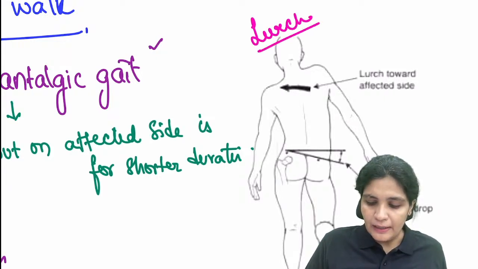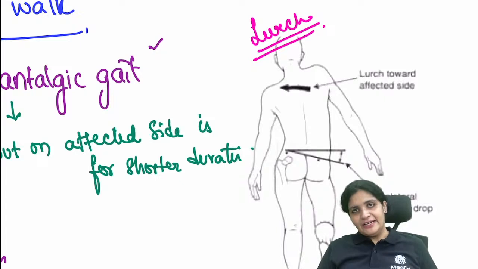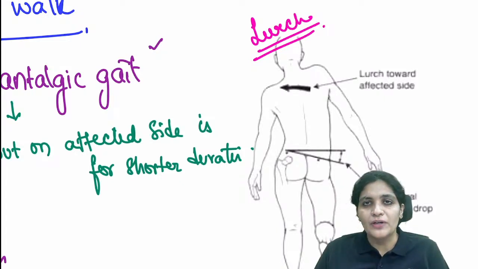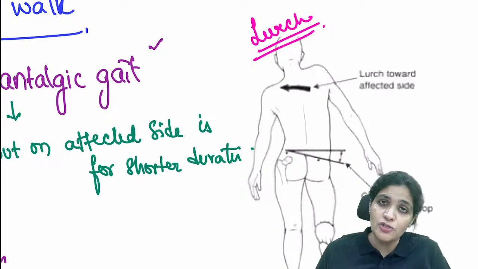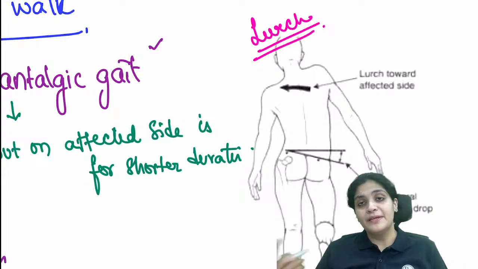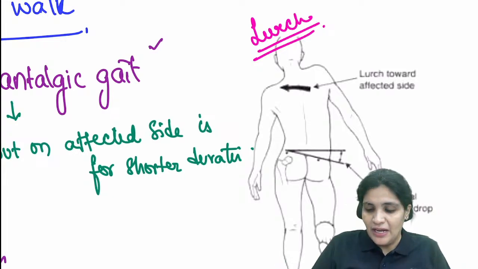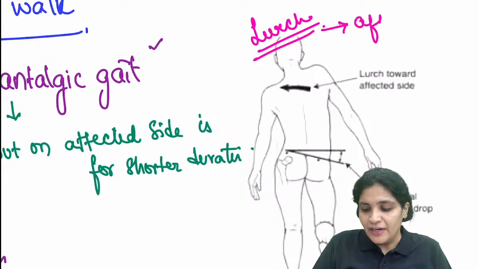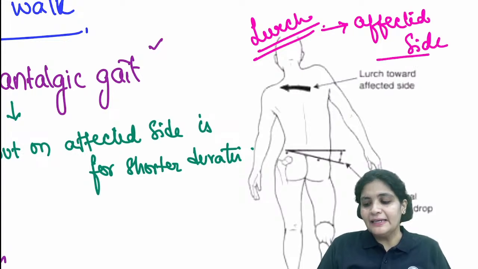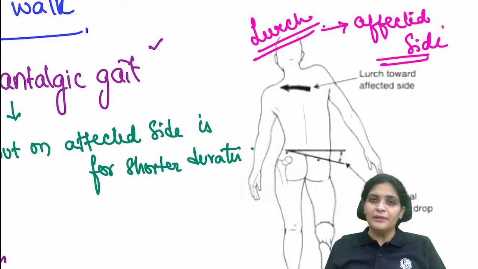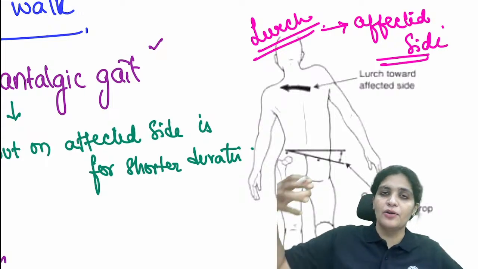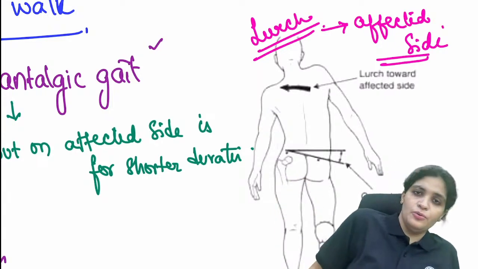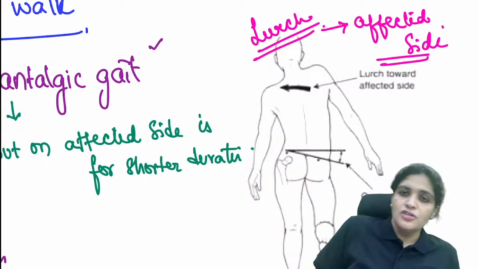So the shoulder is bending to the affected side. The bend in the shoulder is on the affected side, dip pelvis on the opposite side. So lurch is on the affected side. This is to compensate the dip. To compensate the dip, he's using his upper body to lift it. How do you lift it? If you want to lift something, you do like this, right?